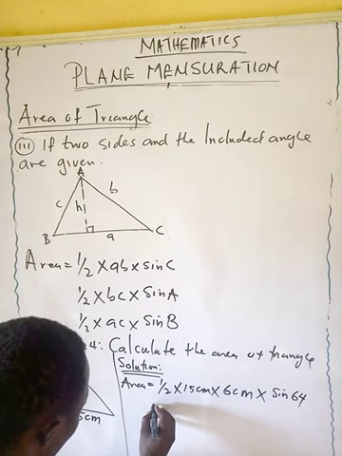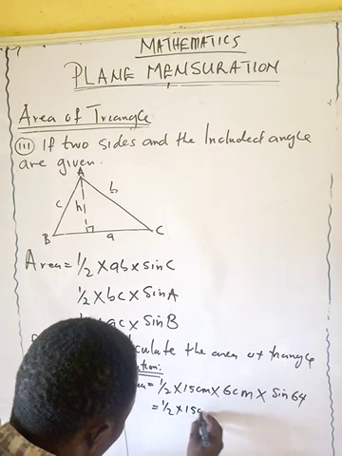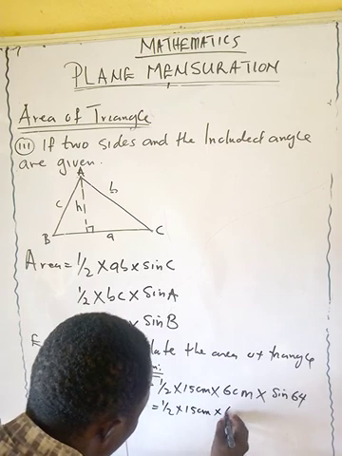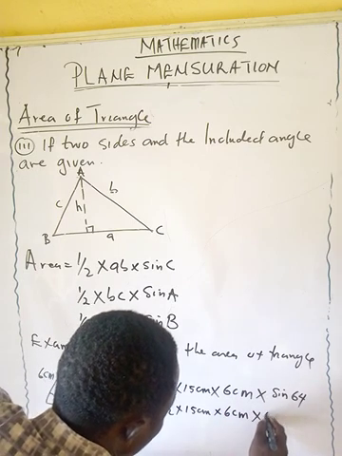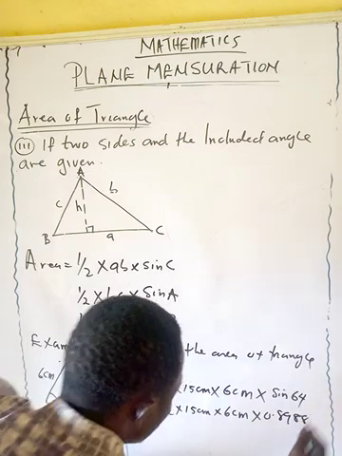So we have 1/2 times 15 centimeter times 6 centimeter times sine 64, which is 0.8988.